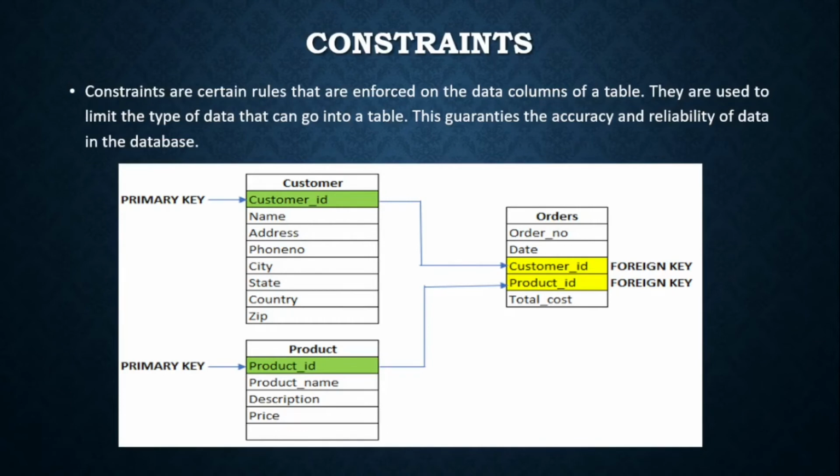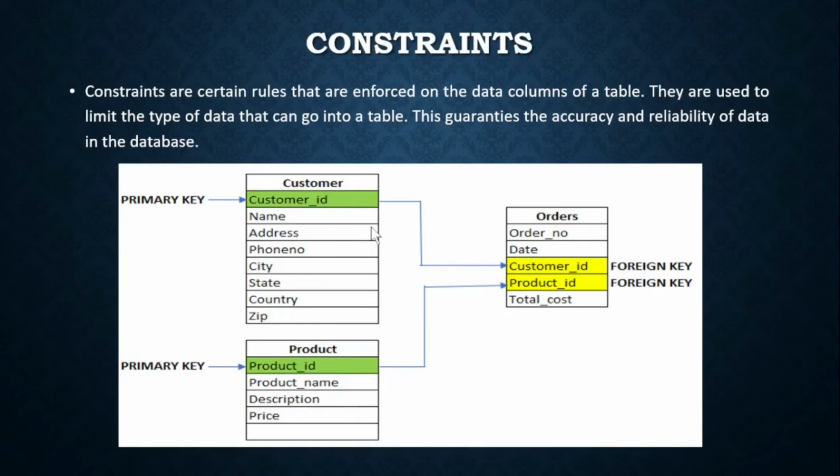Now, let's look carefully. What is the relationship between the customer table and the orders table? The customer table has what is known as a primary key constraint. Now, this constraint ensures that no duplicate values are entered into this ID column.